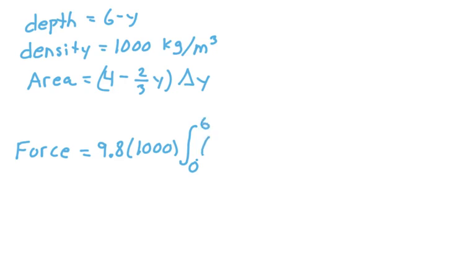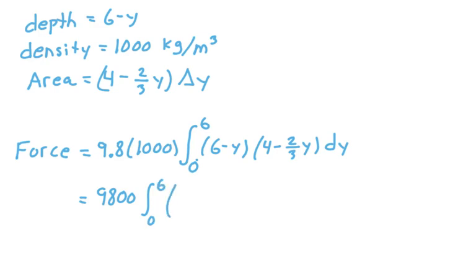And then I'm going to take the depth, which is 6 minus y, times 4 minus 2/3 y dy. So this is 9,800 times the integral from 0 to 6 of. So I'm going to get 24 minus, what is that, 4y? 6 times 2/3 minus 4y plus 2/3 y squared dy.